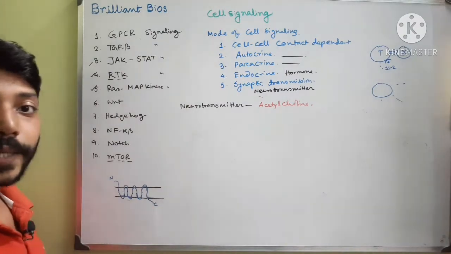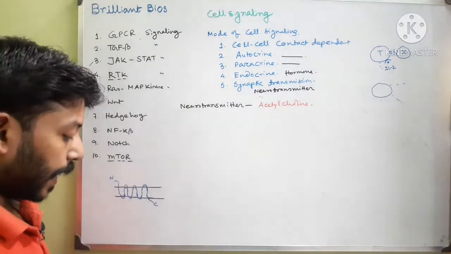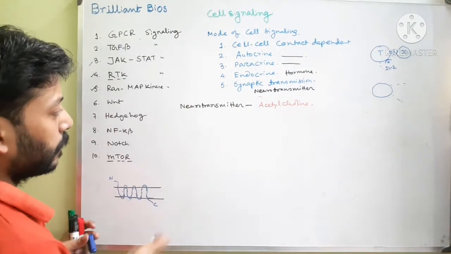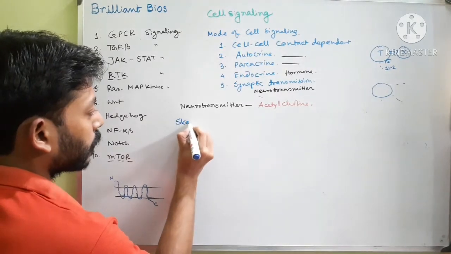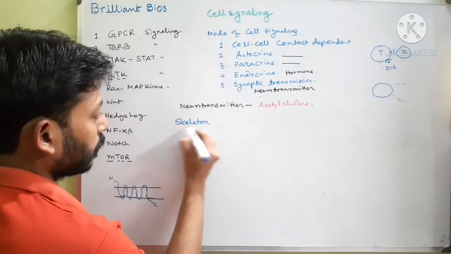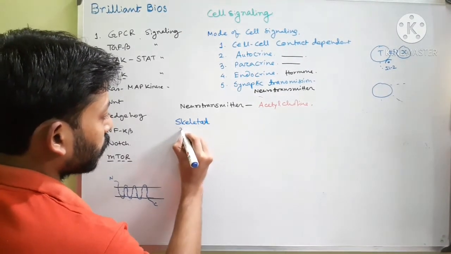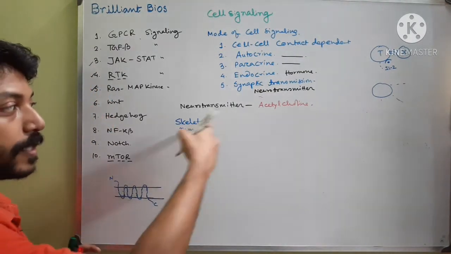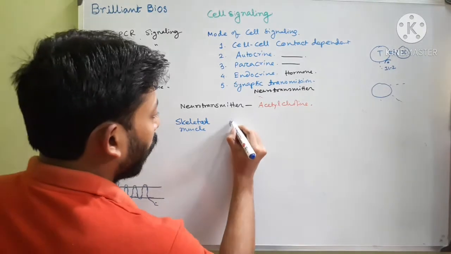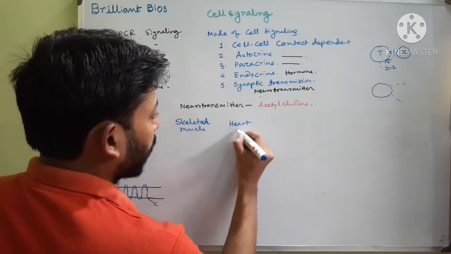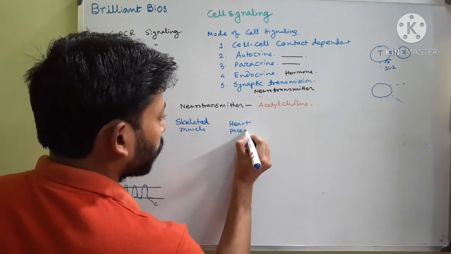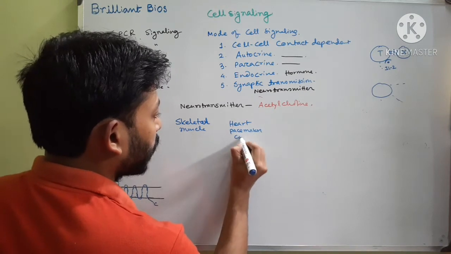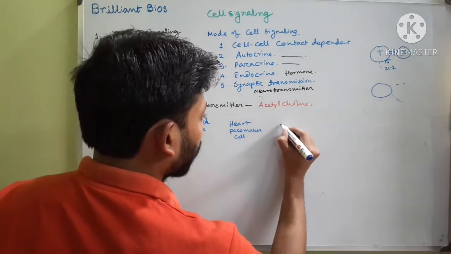This acetylcholine can bind with different cells, like skeletal muscle, which can express acetylcholine receptor. Heart muscle, specifically I can say heart pacemaker cell, can express acetylcholine receptor.